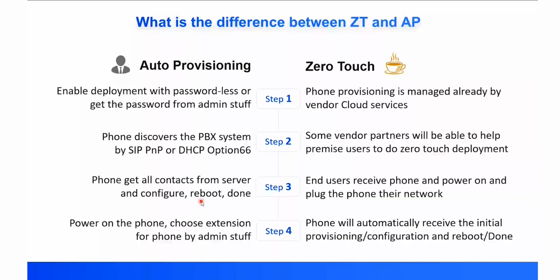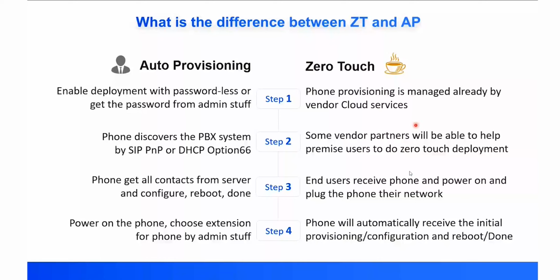After that, it's just a save button and the phone reboots, and then it can register to the PBX. However, if you use zero touch, the server side has already done a lot of work. The server has configured everything already. So the end user, or the vendor, just sends the phone to the end user. The end user only has to power on the phone and plug in the network. Once the network is reachable, the phone automatically retrieves the initial configuration, everything, then reboots.